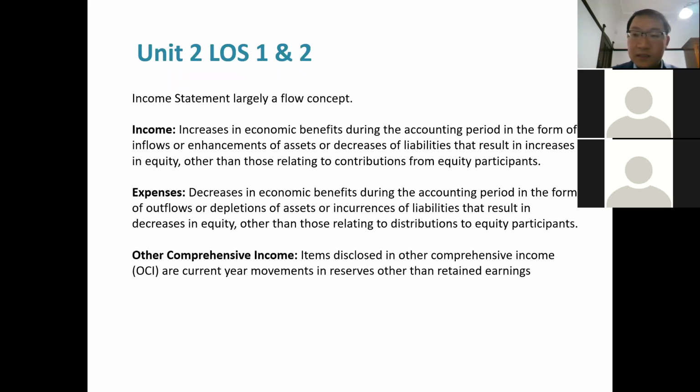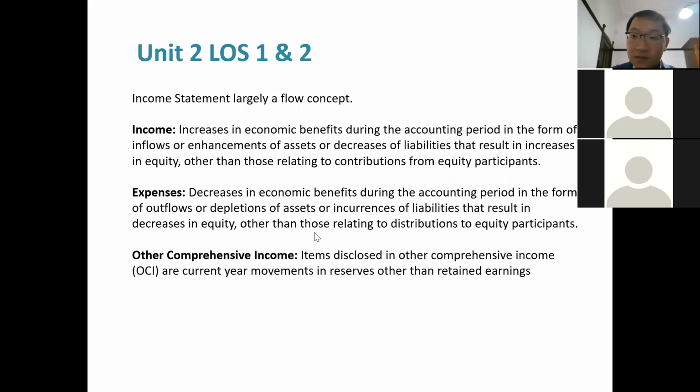What that means is that profits or income and expenses accumulate over a period of time. This is to be contrasted against the balance sheet, which represents a stock concept. The balance sheet represents information that belongs to an entity at a point in time, whereas the P&L is largely going to be through time or across time.